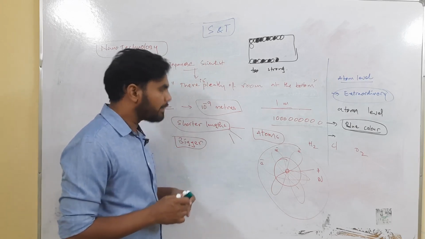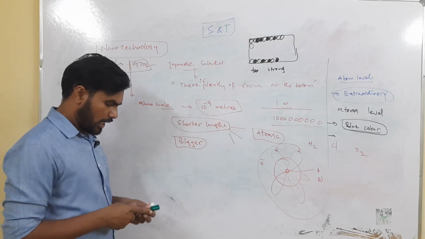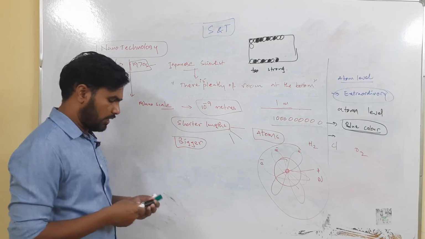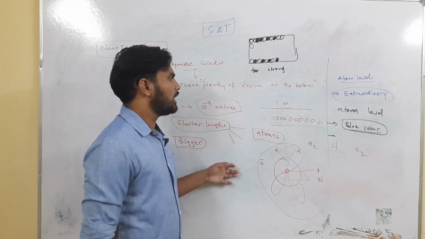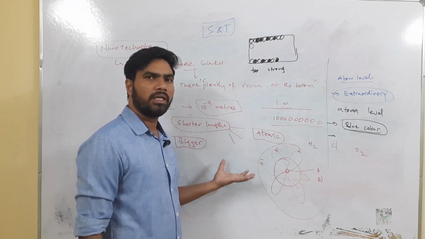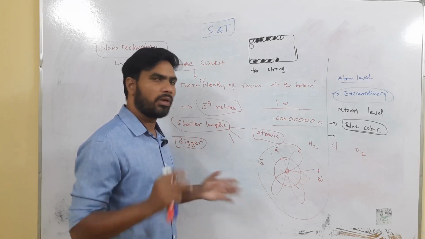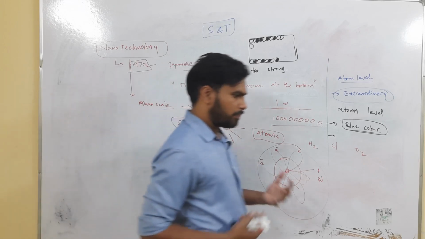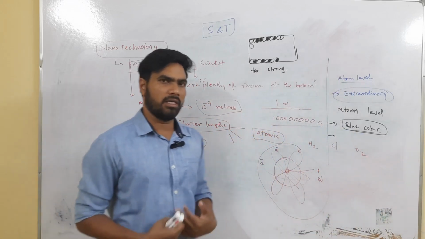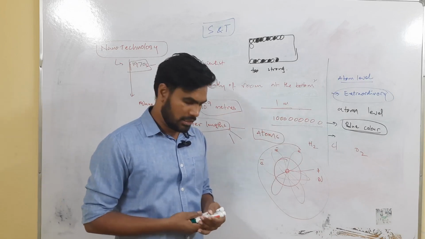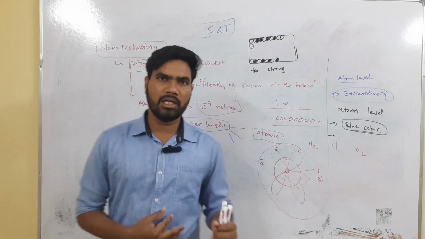So what is happening in nanotechnology, if you try to understand: when we go to the atomic level and start working with materials at the atomic level, the physical properties of the materials change very dramatically and drastically. So what is the purpose, or what is it for us, when the materials exhibit different properties at the atomic level or at the nanoscale?